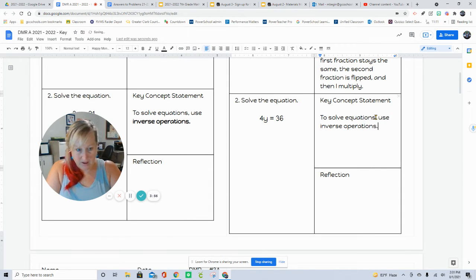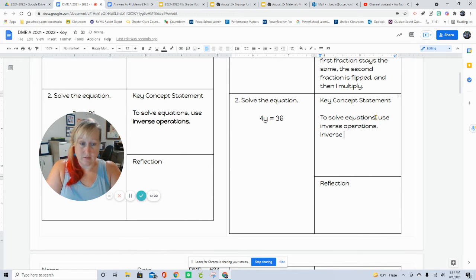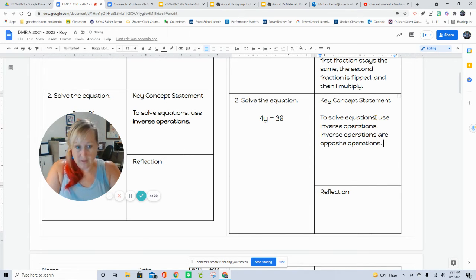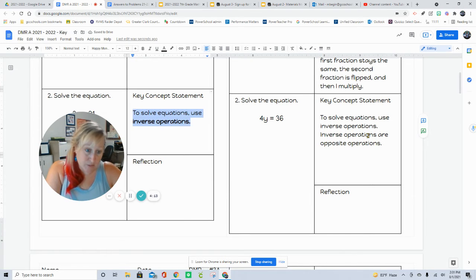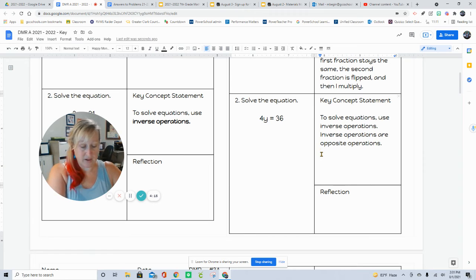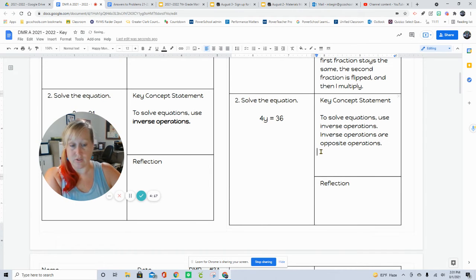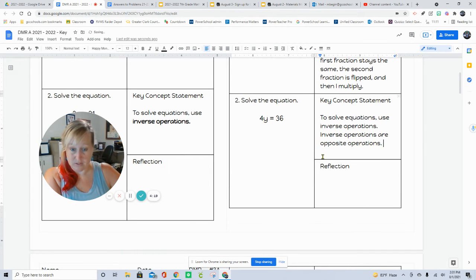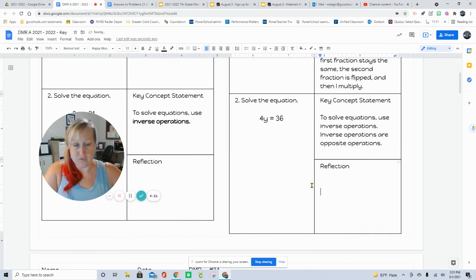Inverse operations are opposite operations. If you just copy what's over here into this box, that's fine. I just want to make sure that you understand and learn what inverse means. So there you go.